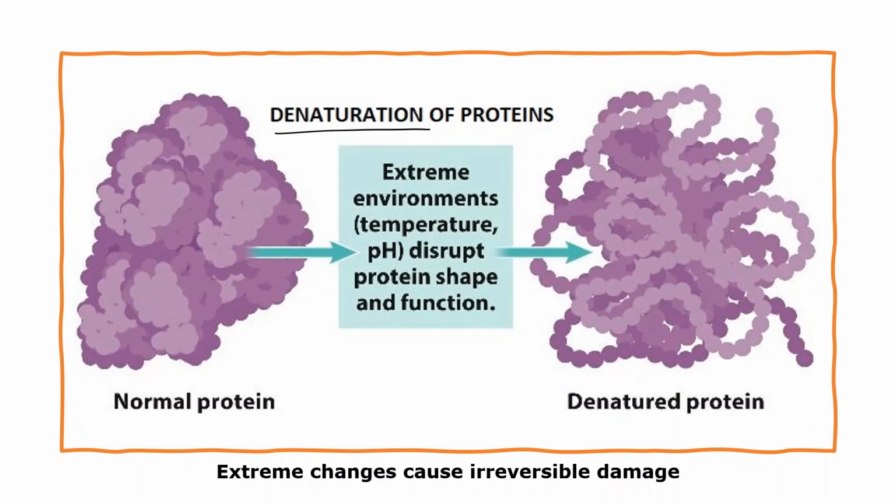However, if you have extreme environmental changes like extreme temperature disruption, or extreme pH changes, or extreme pressure changes, you can change the shape of the protein, even unravel it forever, even irreversibly. This is a denatured protein. You've lost your structure, so you've lost your function. And this is the problem with denaturing proteins, is they lose their function.